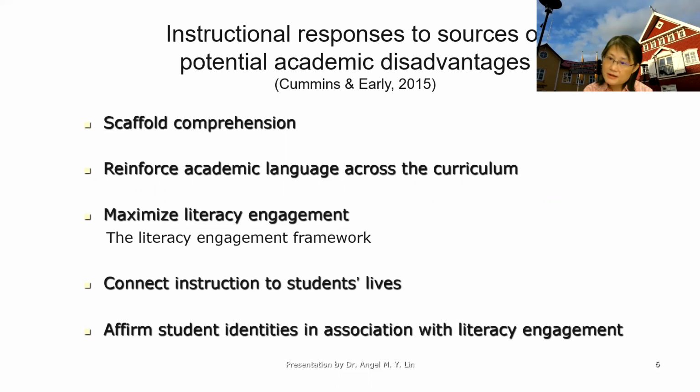So they might be learning similar academic genres, text types, in their Chinese curriculum, and we can leverage on it to help students to transfer their knowledge in their Chinese genres into their English genres. And then we can maximize their literacy, their reading and writing engagement.